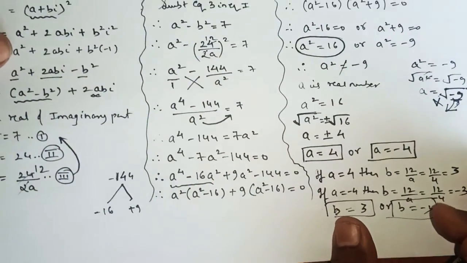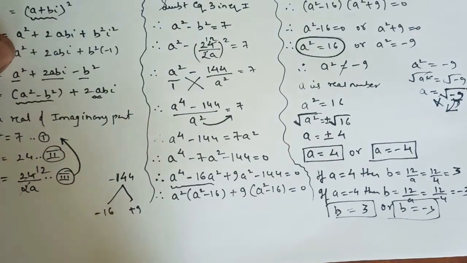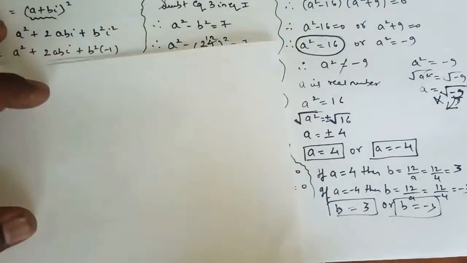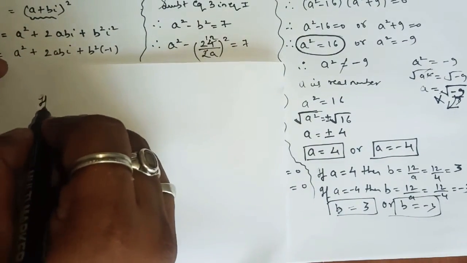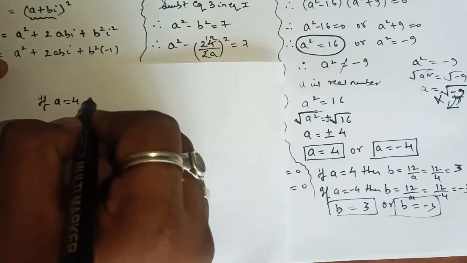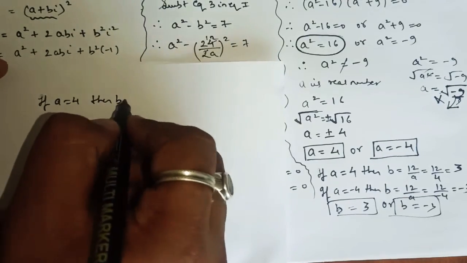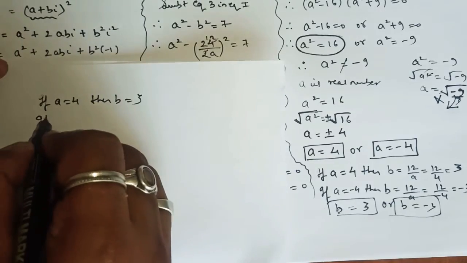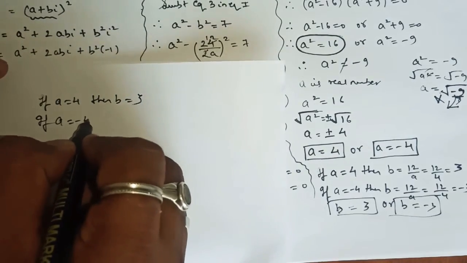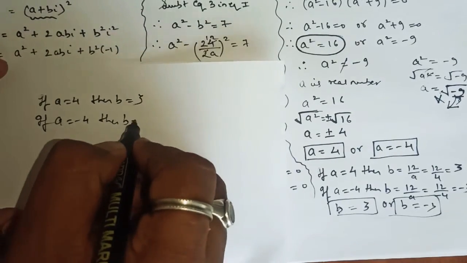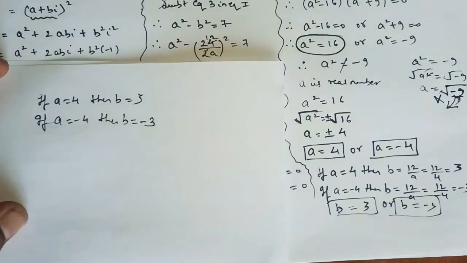Here you can write, if a equals to 4, then b is 3. If a equals to minus 4, then b is minus 3.